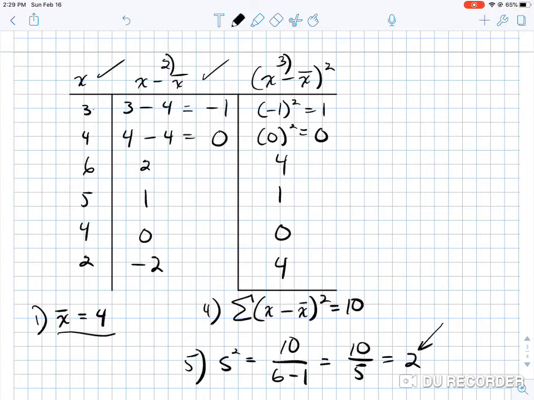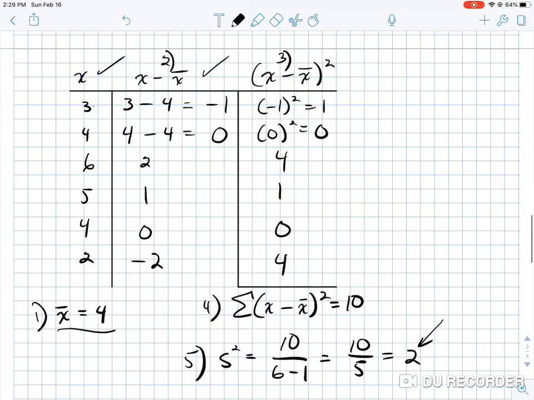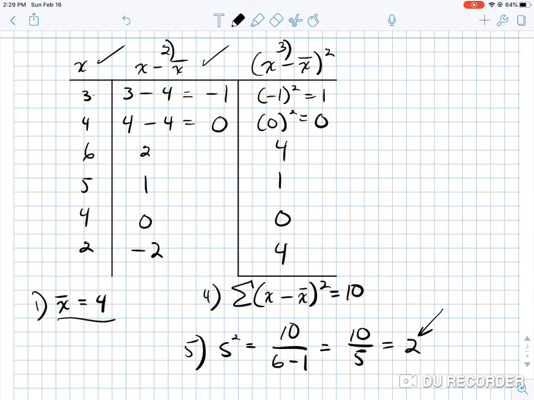Those are your steps to finding the sample variance by hand. But now we're going to take the very same sample variance and do this in Excel. All right, so I'll see you there.